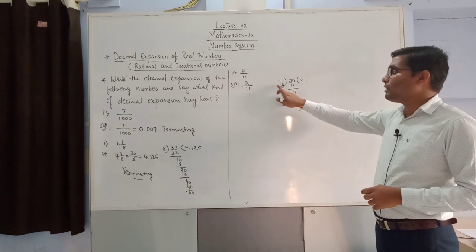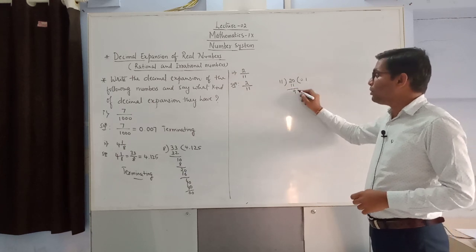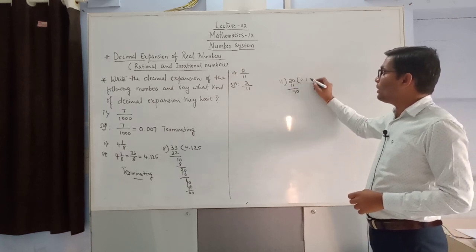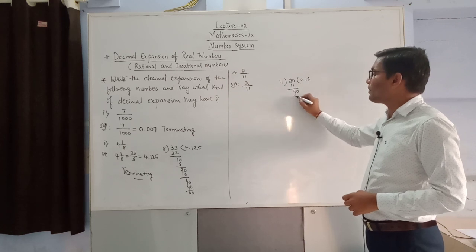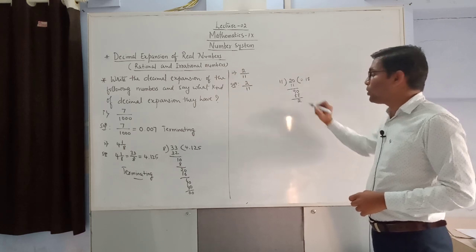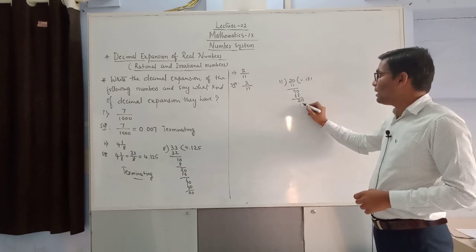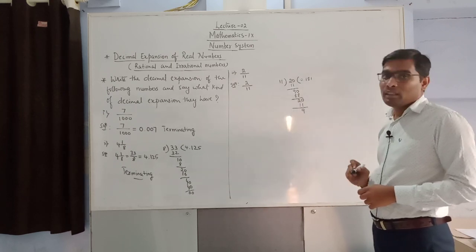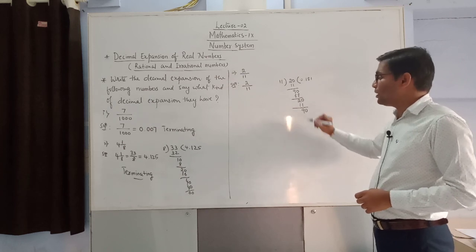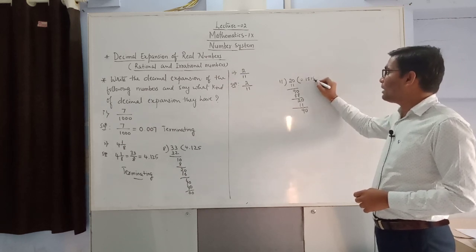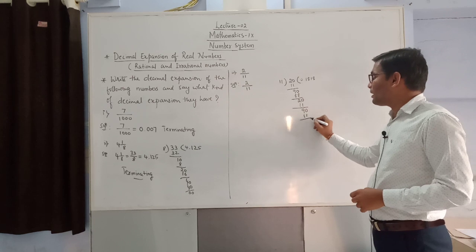Again 9 is less than 11, so put a 0. Now 11 8s are 88, 2 remains. Now again take 0. 11 1s are 11, the remainder will again be 9, then 0, 90. 11 8s are 88, 2.